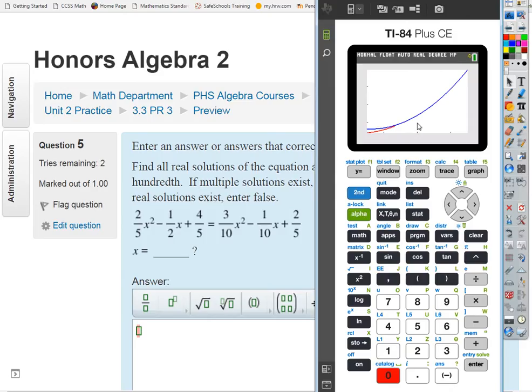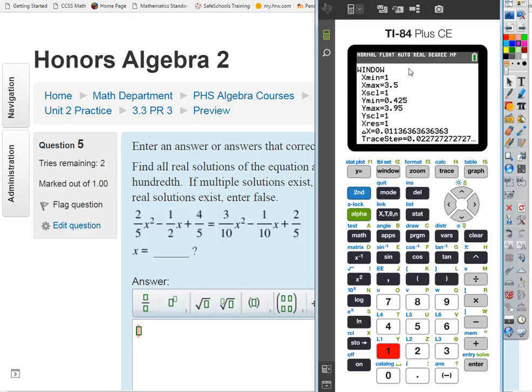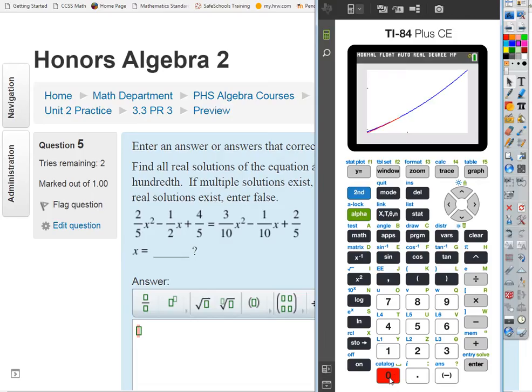Okay, so how about if we make this even shorter, from 1.5 up to about 2.75. And so it looks like it's grazing it in one spot there.